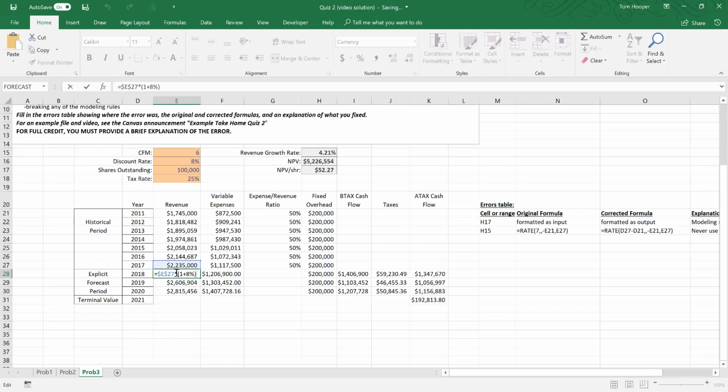Prior cell times 1 plus the growth rate. The answer is correct, but we do not need absolute references on the first one, and we do on the second one. And we need to use a formula on the second one instead of a value. Correction, that number would not have been correct because there was another error using 8% instead of the 4.21, which is the revenue growth rate.